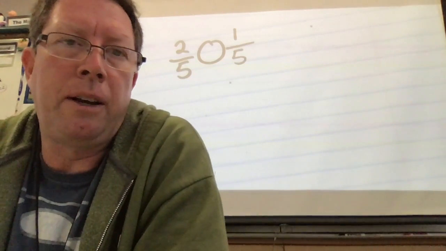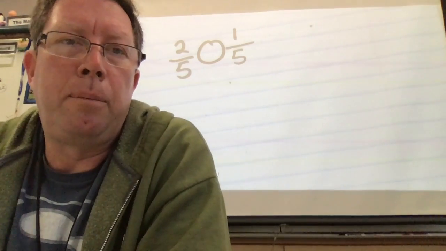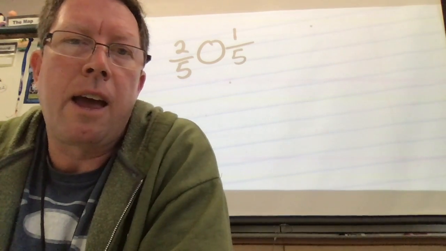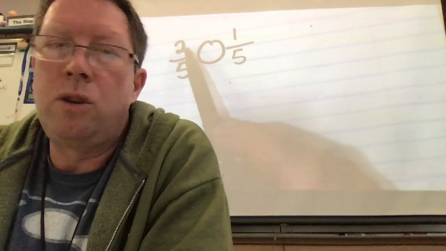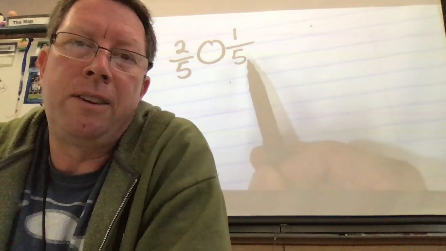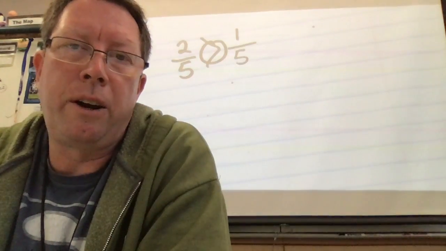Your job is super easy. We're talking about a candy bar with the same amount of pieces. We're assuming the candy bar is the same size, and it's simply like thinking you've eaten 2 of the pieces on this candy bar and you've only eaten 1 of the 5 pieces on this candy bar. So 2/5 is greater than 1/5.